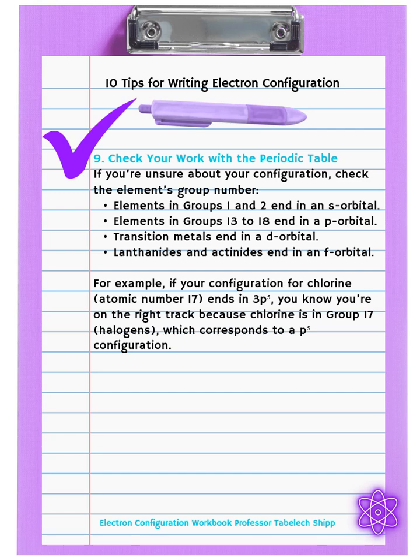So for instance, if your configuration for chlorine, which has an atomic number of 17, ends in 3p5, this tells you that you're on the right track because chlorine is in group 17, which means it's part of the halogen group, and that also corresponds to the p5 configuration.